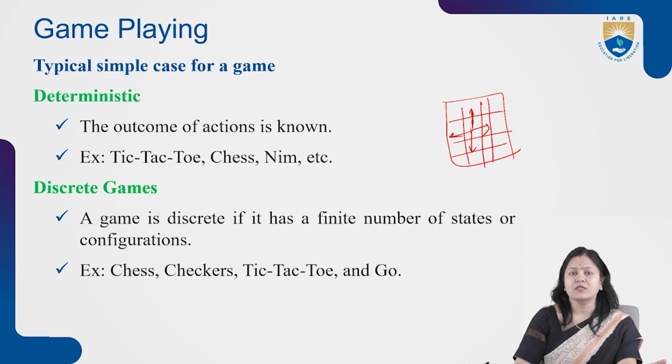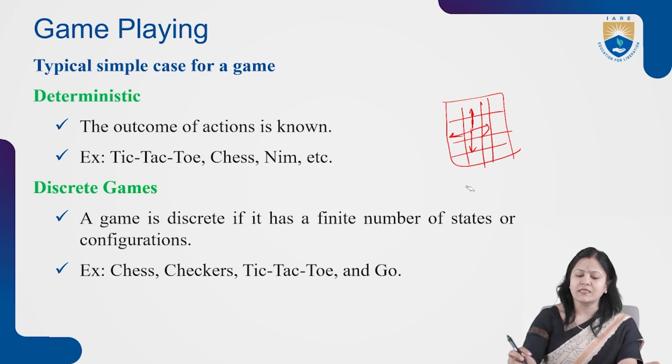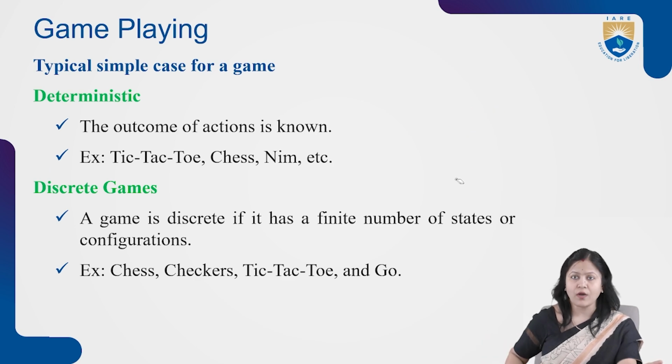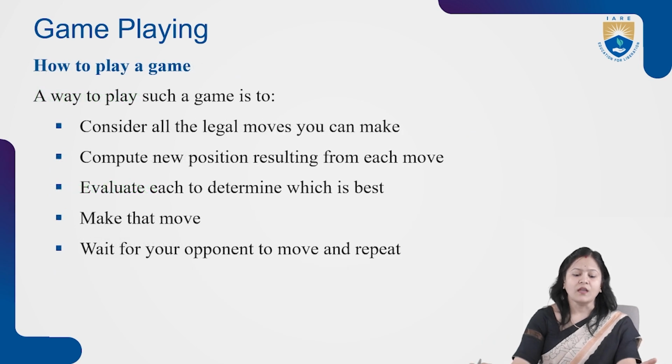So we know these 4 possible actions are possible for any user. That is why this type of problems are called discrete games, like chess, checkers, tic-tac-toe or Go game.